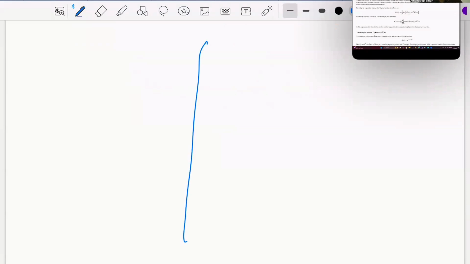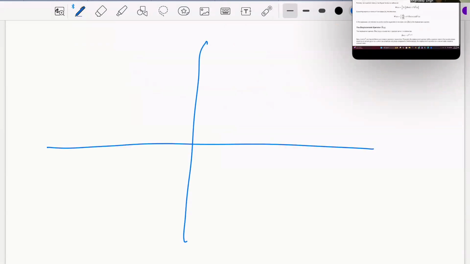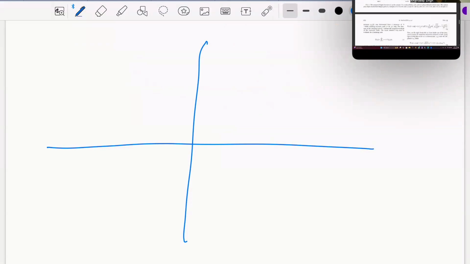You can also see this if I can pull up the reference paper that sir has provided us. In this, you're able to see this beta.